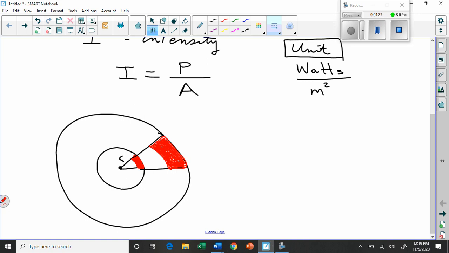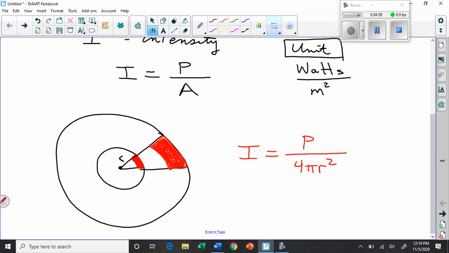And it turns out that if we wanted to describe it mathematically, the area that it's being spread out over is the surface area of a sphere. So the intensity would be the amount of power divided by the surface area of a sphere, which is 4 pi r squared.